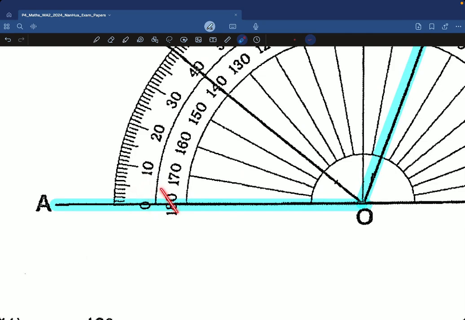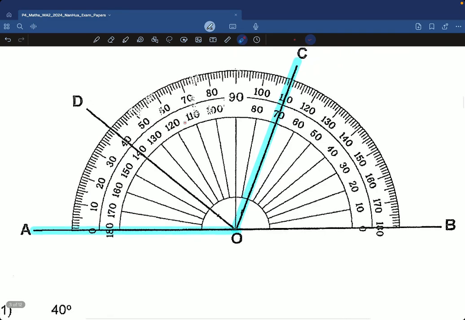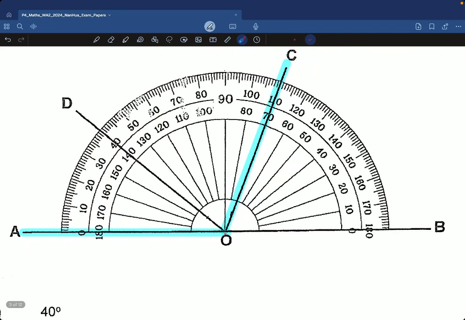So we can ignore this 180 and we just focus on this part of the protractor over here, okay? Now if we were to look at OC, what we need to see is this whole, let me highlight another color. We're just going to focus on these numbers until we hit the number over here.